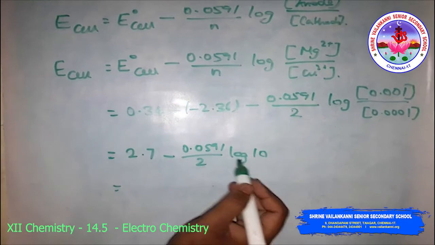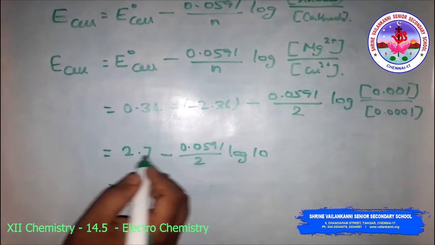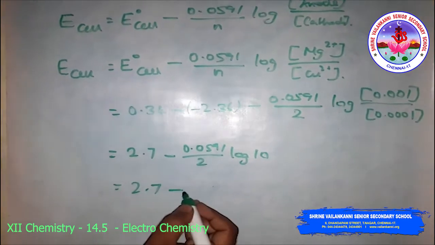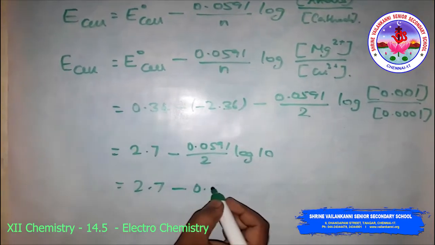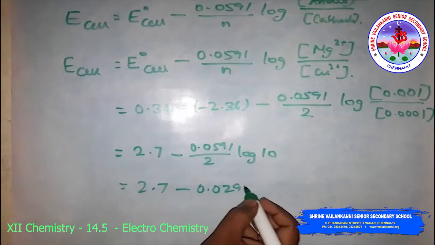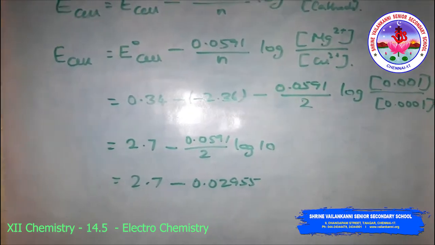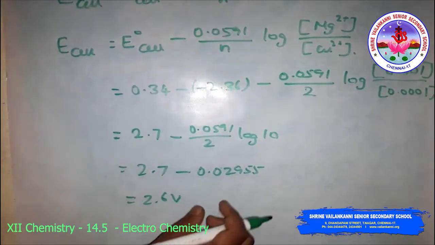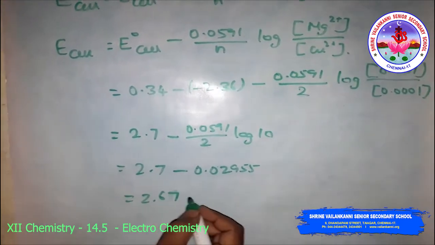Log 10 is 1, so multiplying by 1 changes nothing. Simplifying, you will get 2.7 minus 0.02955. So the EMF is approximately 2.67 volt.